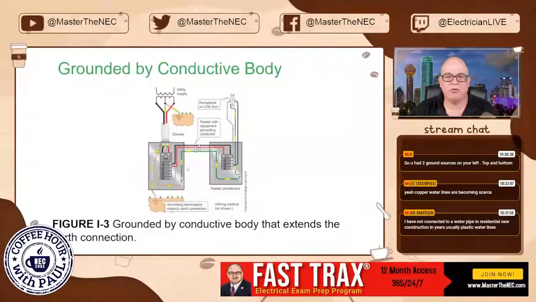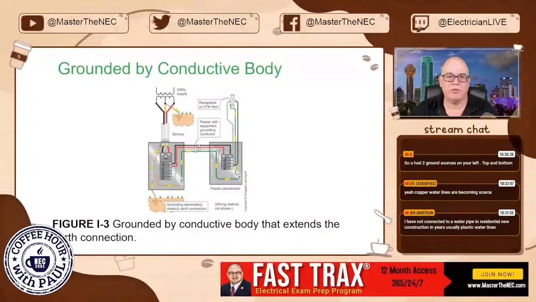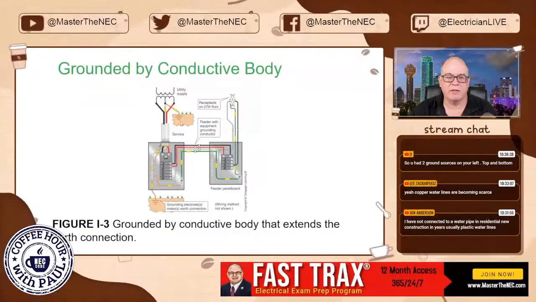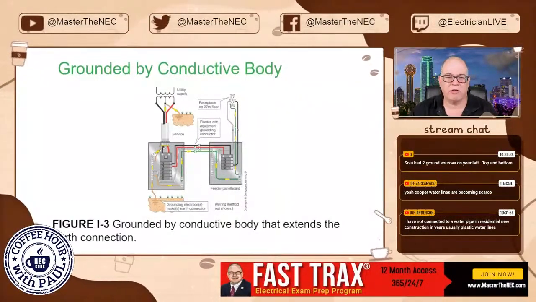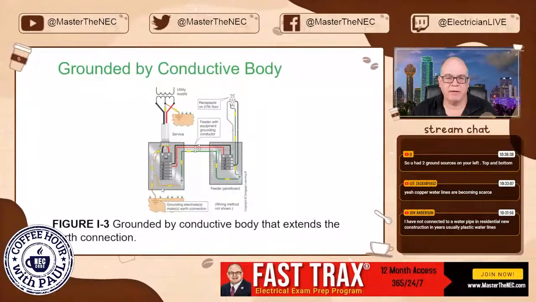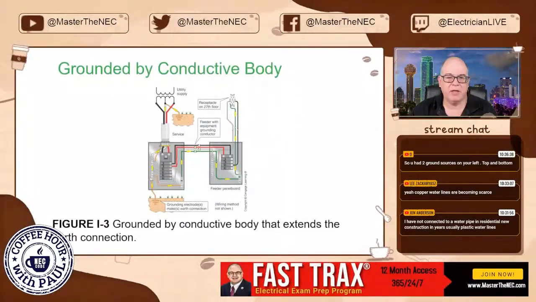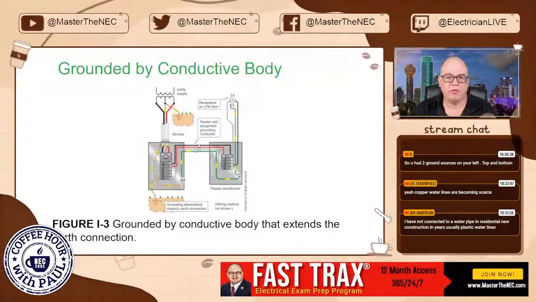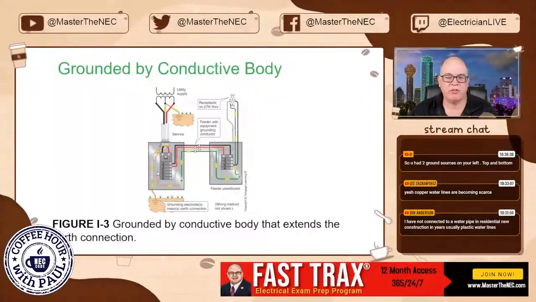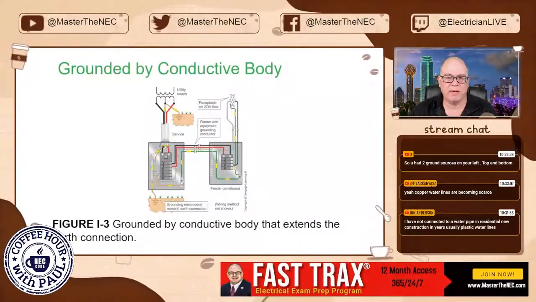So this says I had two sources. This right here is required at the utility. This establishes a grounded conductor. This right here is your grounding electrode that's required at your service. Okay? This one right here is only connected to the cabinet through this main bonding jumper. So there's only one point of connection to the cabinet, and that's right here through this main bonding jumper.